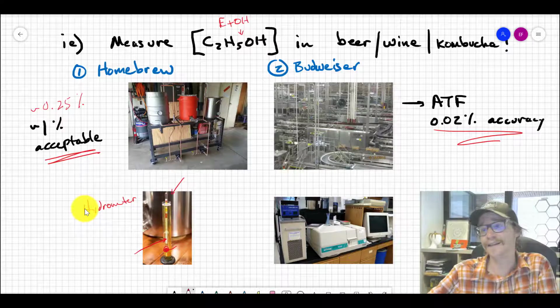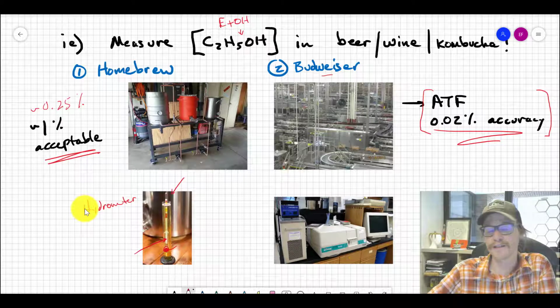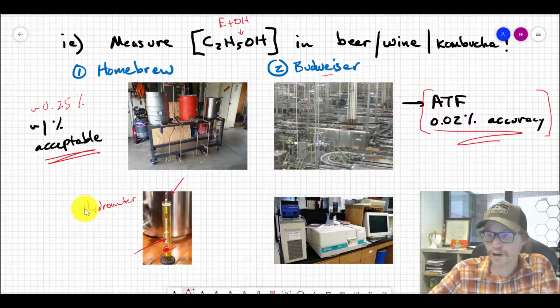But let's contrast that against this company, Budweiser, who manufactures millions of gallons of the same beverage every year, right? Their constraints are different. And in their case, they're constrained by this group called the ATF, or the Alcohol, Tobacco, Firearms Group, which is a government organization. The federal mandate states that if you're going to sell one of these products, like beer, you have to be able to report your alcohol by volume to 0.02% accuracy.